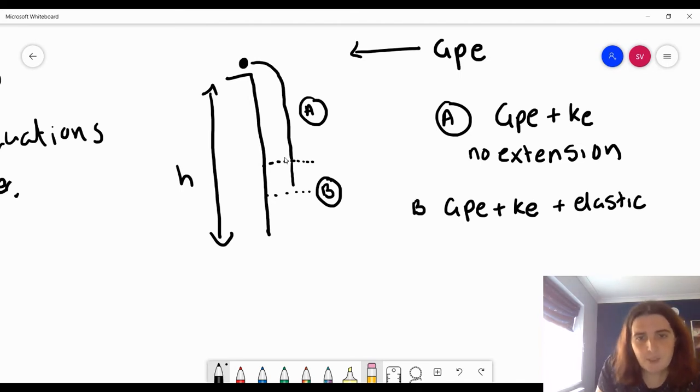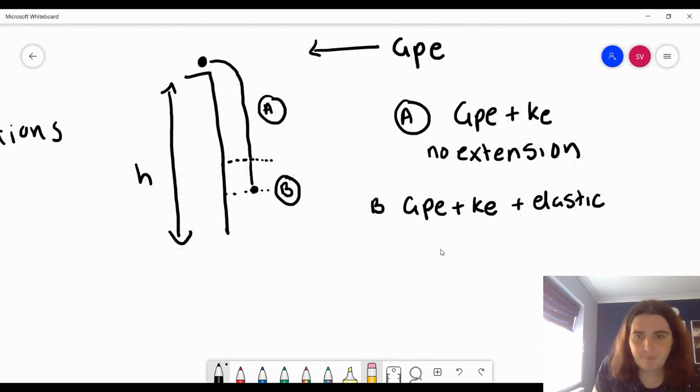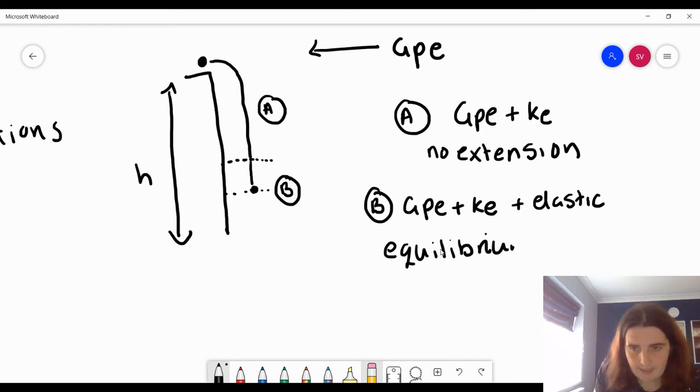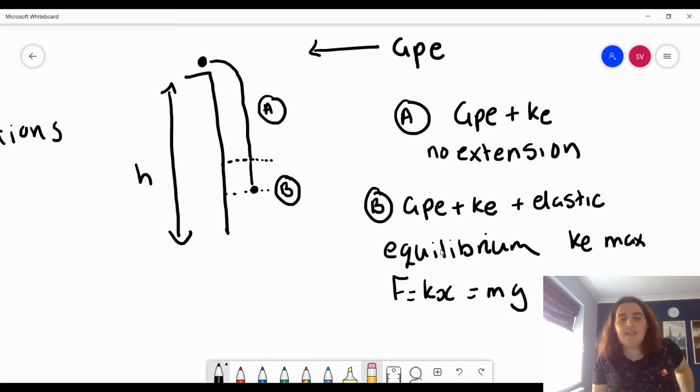You get to a point here, I'm not saying it is there, where you get to equilibrium. This is where your kinetic energy is going to be the maximum, because your extension, F equals kx equals mg. But just because you're at equilibrium, you're still moving, which is why your kinetic energy is max.